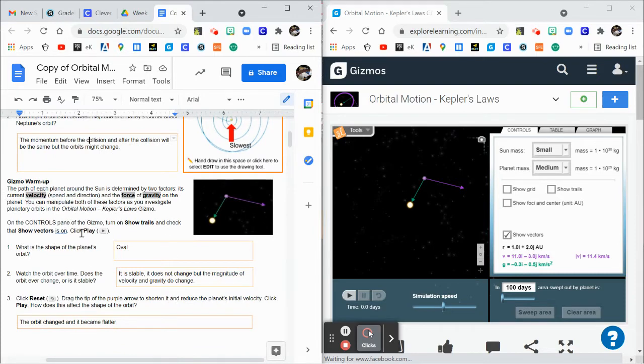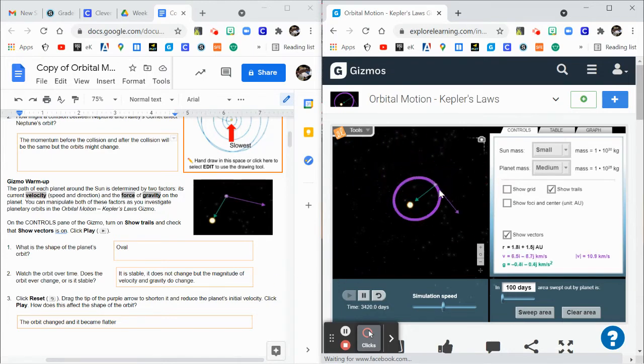This is just the Gizmo's warm-up. We're just getting used to how this works. We have to show the trails, and then we click on play. We see that it's an oval and that the orbit is stable. It does not change, but the magnitude of velocity and gravity do change.